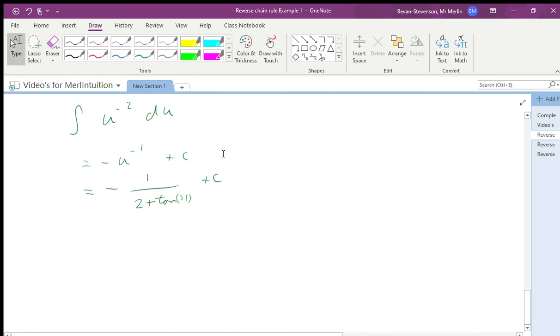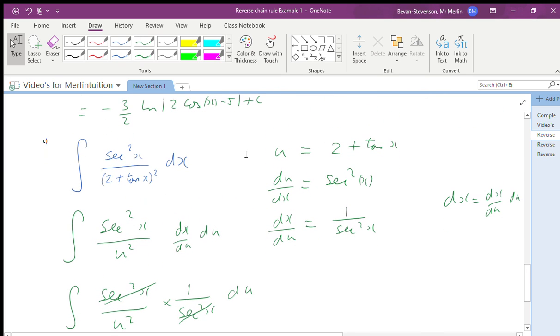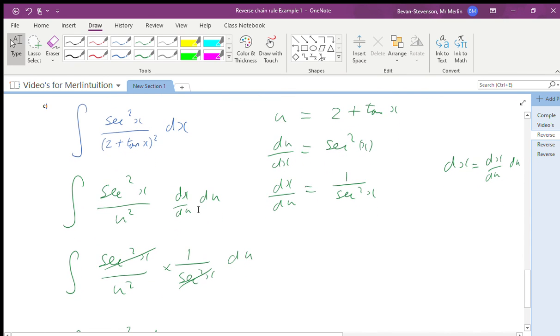And again, using the reverse chain rule, we can spot that the differential of 2 plus tan x is sec squared, because tan differentiates to sec squared, and therefore you could integrate this as if it were just x to the minus 2 here, because we are in the form integral of f dash of x over f of x squared.